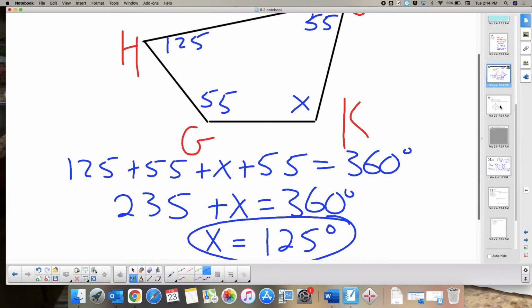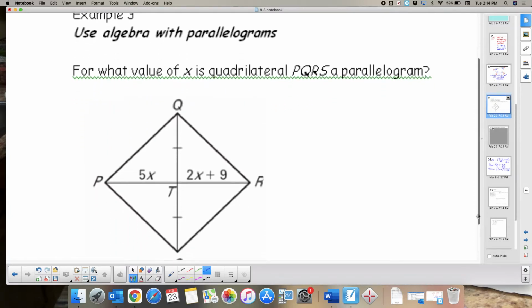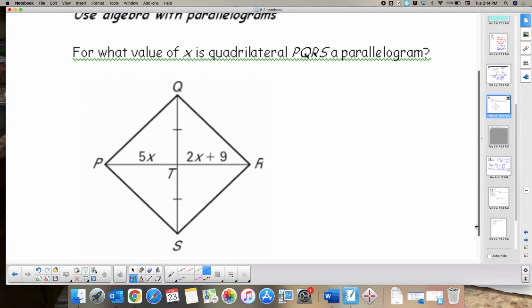All right, let's take a look at the next one. It says, for what value of x is quadrilateral PQRS a parallelogram? Now, in order for this to be a parallelogram, the diagonals have to bisect each other, meaning QT has to be equal to TS, which they do have marked.